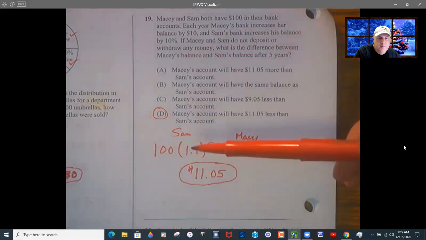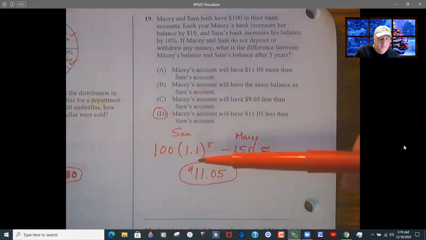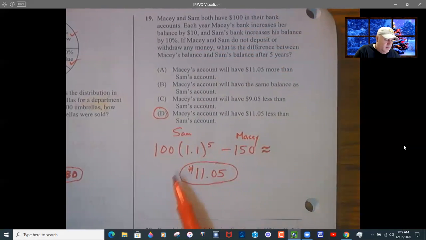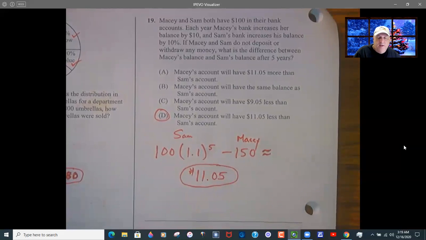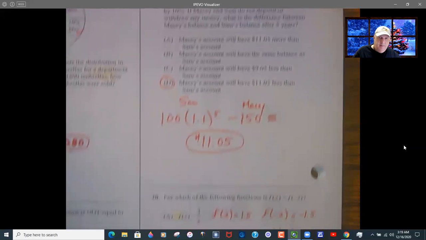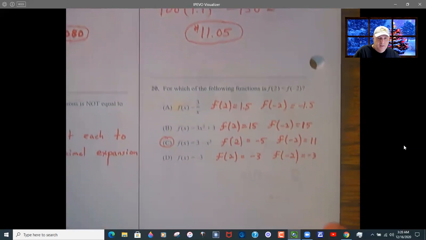So when you calculate his, you have to take that percent increase, so 1 plus 0.1, and raise it to the 5th power because he's doing it 5 times in a row. And then you subtract those two to get 1105. Okay, so Sam would have 1105 more. Challenging problem with simple things.